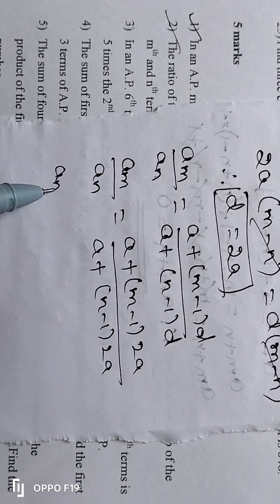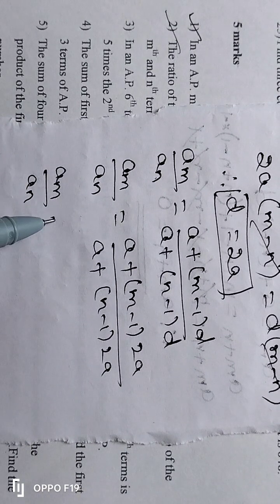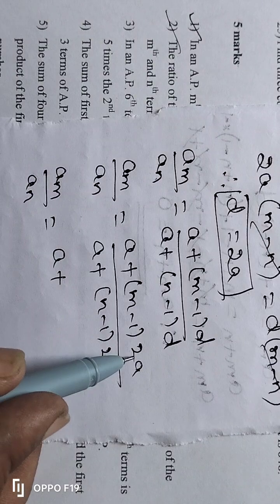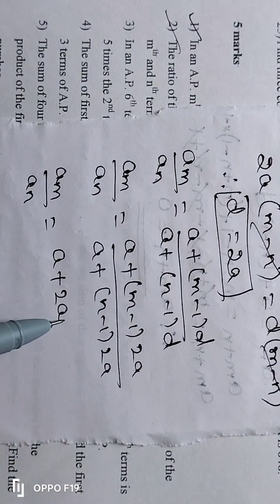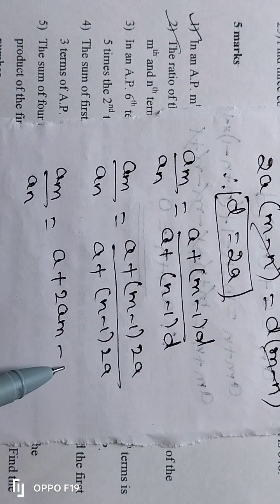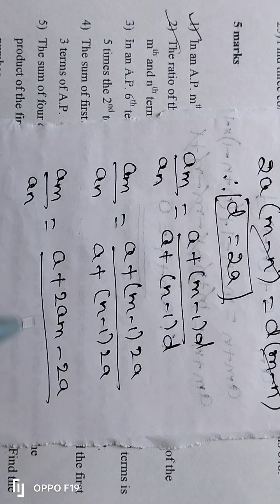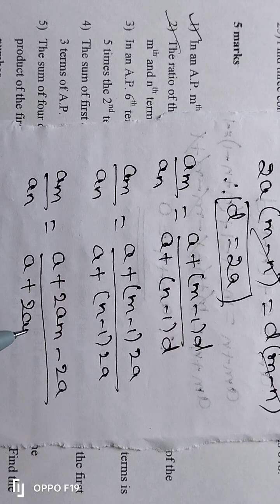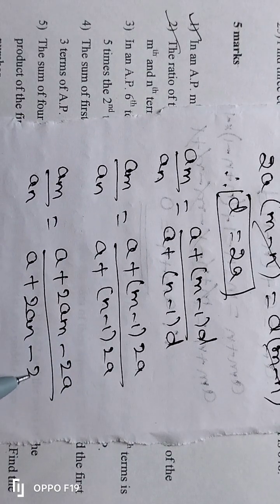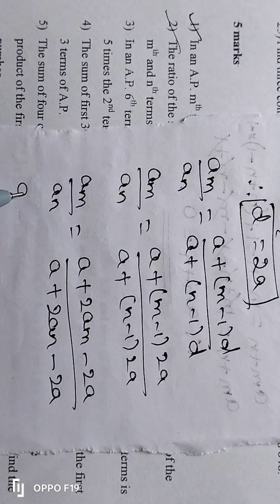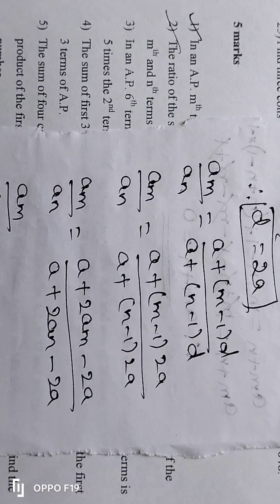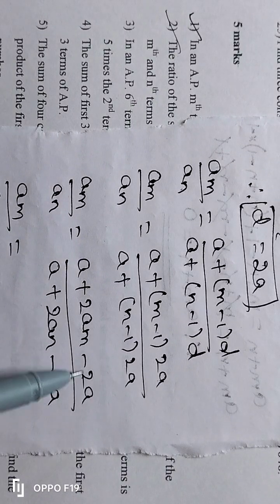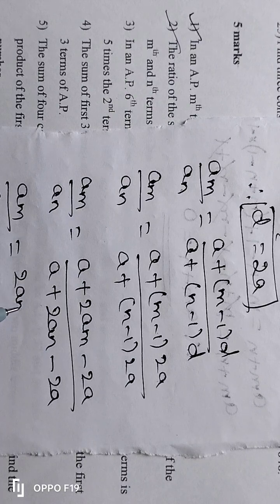Now am divided by an is equal to a plus 2 into a into m, 2am, 2 into 2a ones are 2a, divided by a plus 2a into n, 2an, minus 2a ones are 2a. So am divided by an is equal to, first you write 2am minus 2a plus 1a is minus a.